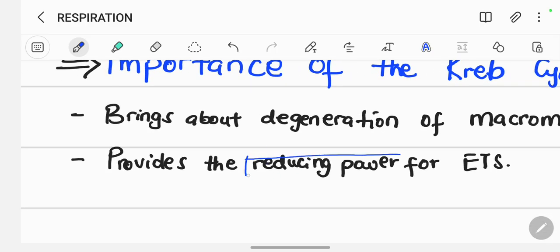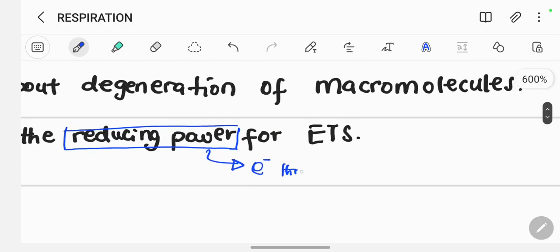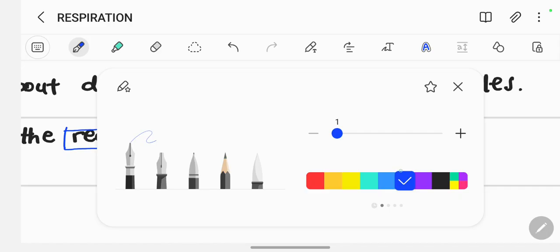This reducing power is the electrons that it's going to be giving through NAD, which is a carrier.